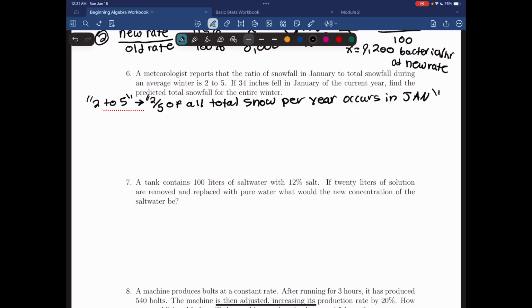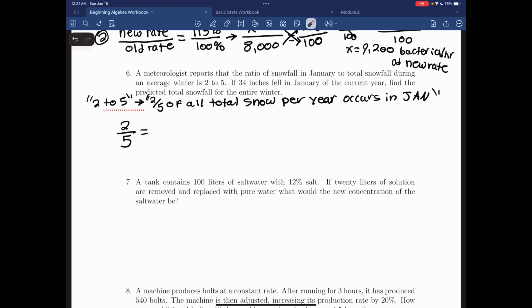So, now that we know that, we can say, hey, this is a ratio, 2 to 5, so I can set up a fraction or a proportion and set that equal to, well, what are we going to set this equal to? Well, we're given that 34 inches fell in January. We want to know the total snowfall, and recall that 5 is the total and 2 is the amount of snow that occurs in January.